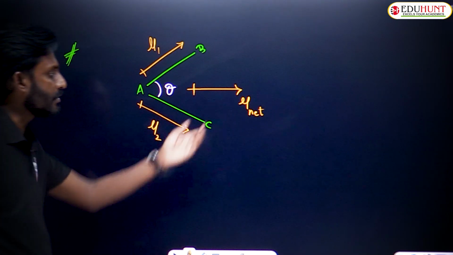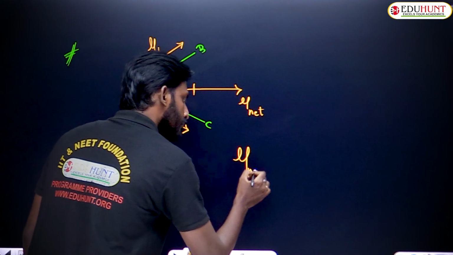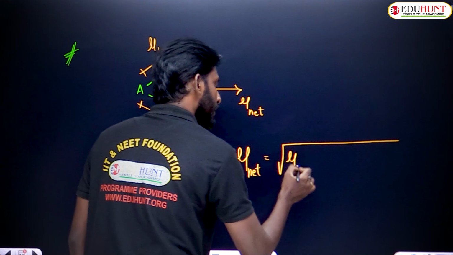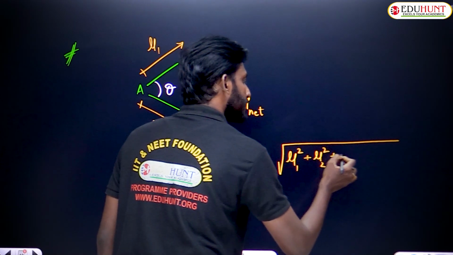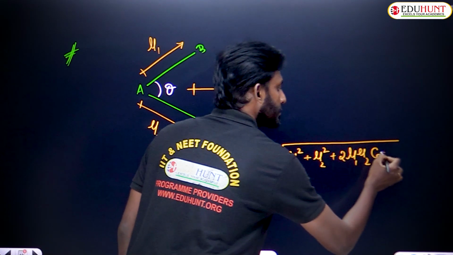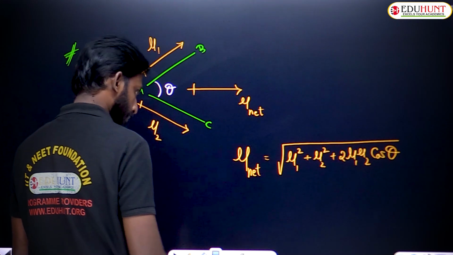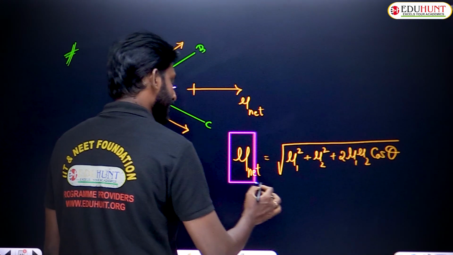Then how can you calculate that net dipole moment? Resultant vector mu net is equal to root over mu1 square plus mu2 square plus 2 mu1 mu2 cos theta.